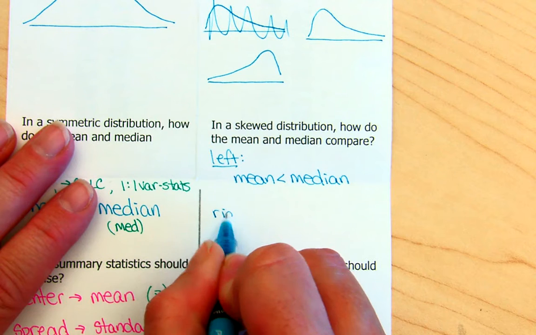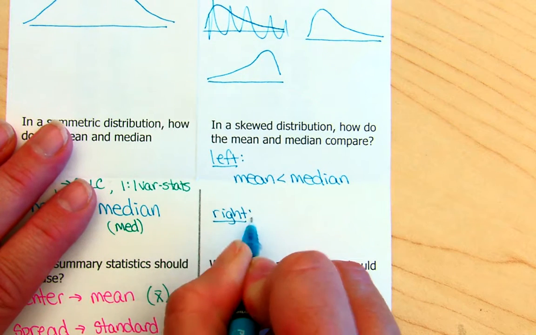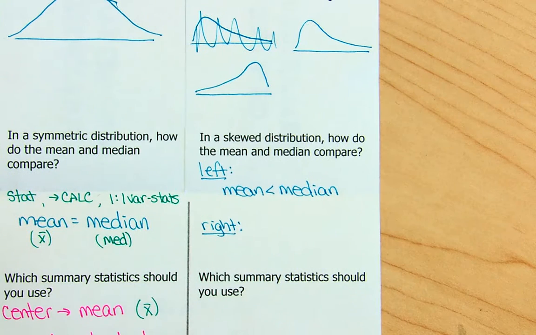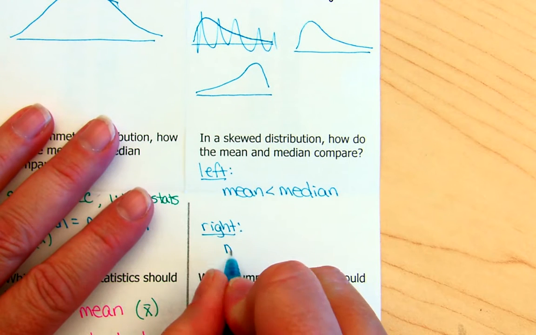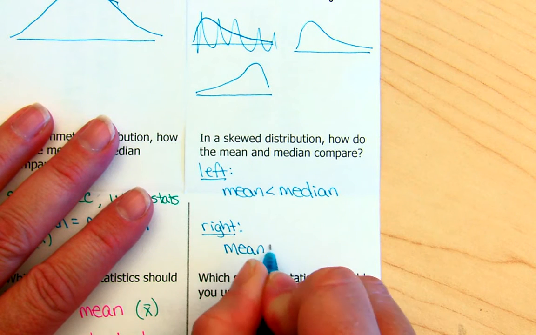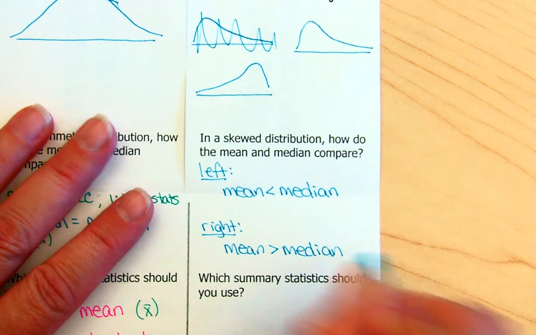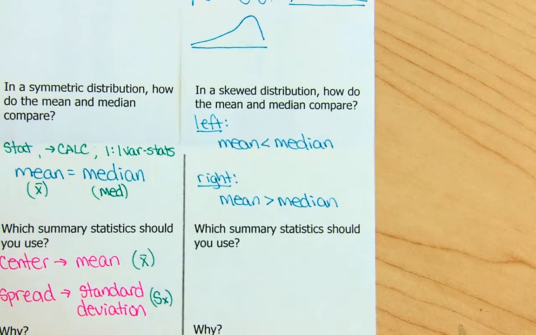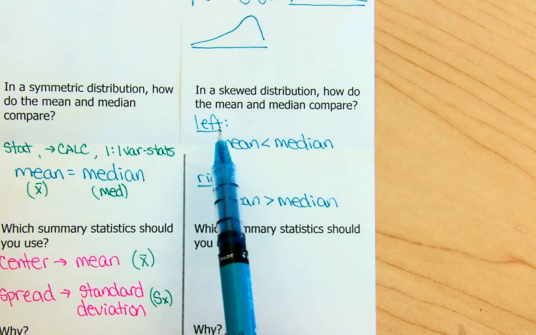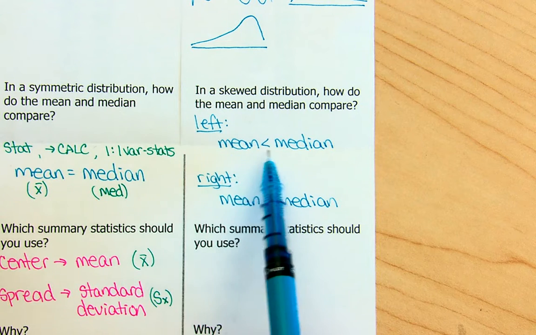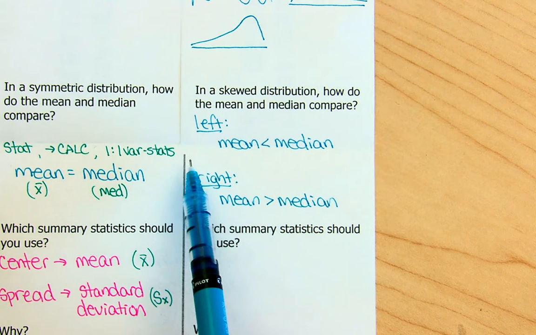If it's skewed right, it took a value and it pulled it bigger, so it pulled the mean in that direction. So the mean is greater than the median. So you can see, this is why we say it's skewed to the left, because the mean moved to the left.